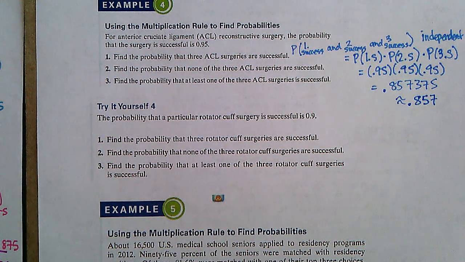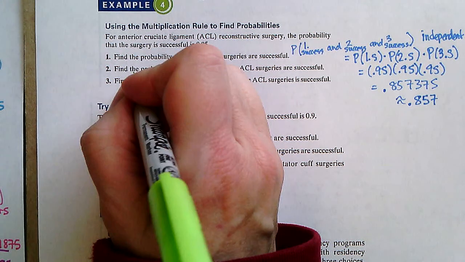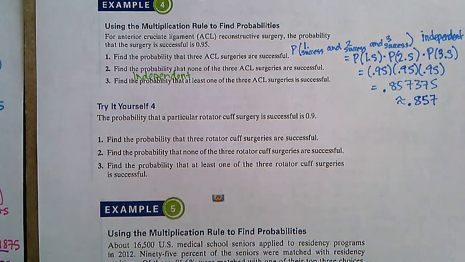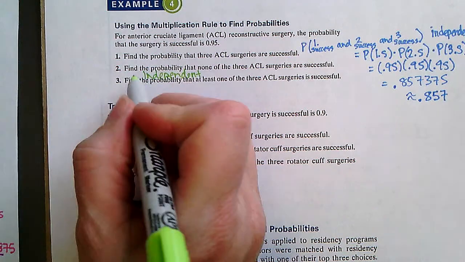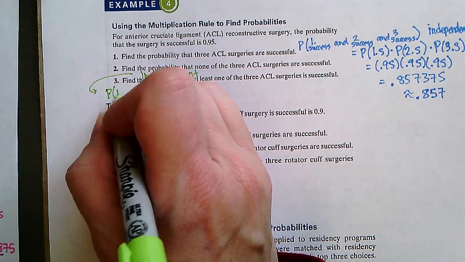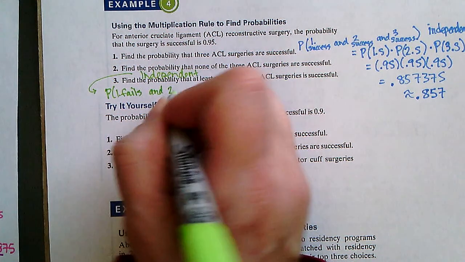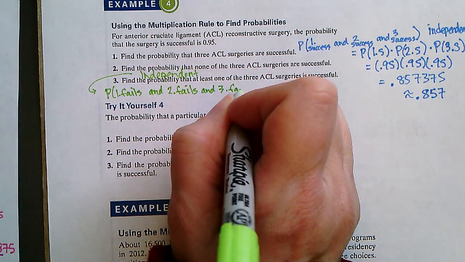On the second one, we're going to find the probability that none of the 3 surgeries are successful. So this is also going to be independent. Now we're looking at the probability that the first one fails and the second one fails and the third one fails.